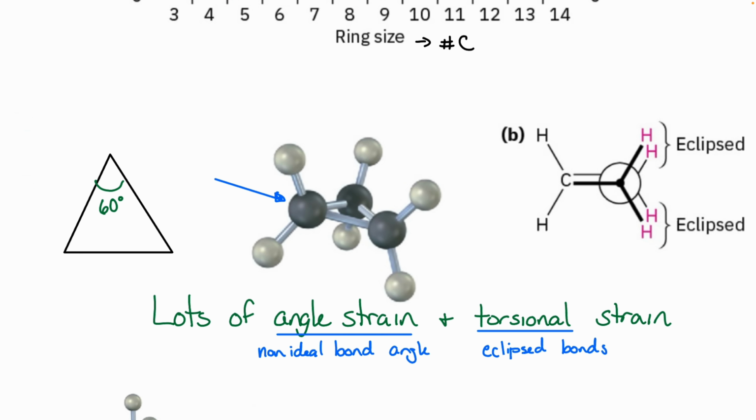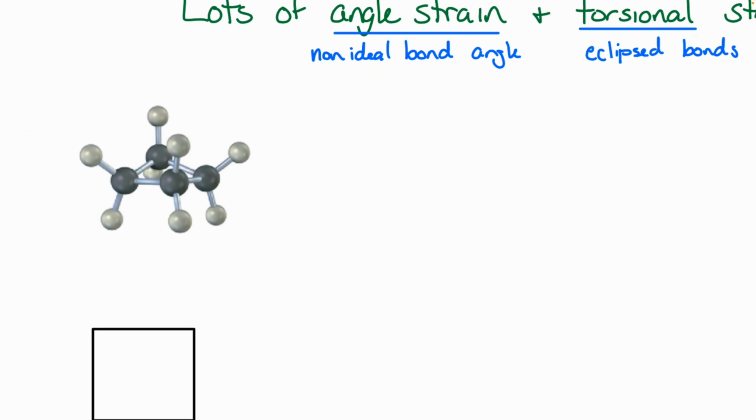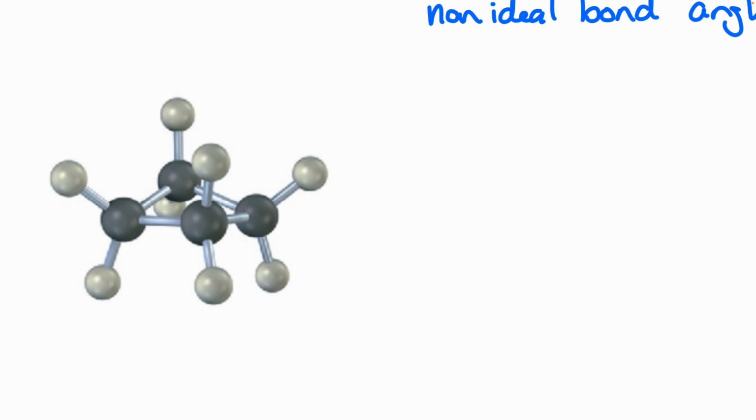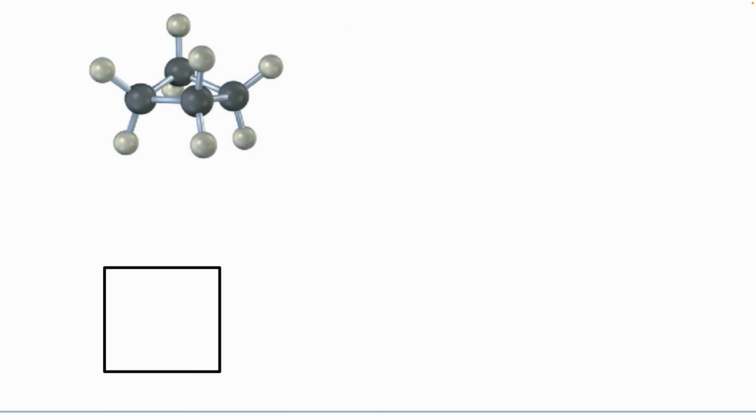All right, so what makes this triangle so unhappy? It's mad because it has a bad bond angle, and it's mad because its bonds are eclipsed. If we go to 4 carbons, what you'll notice is that it kind of kinks itself a little bit so that it isn't forming a perfect square. That's because it's trying to get to that 109.5, but it doesn't do a great job.